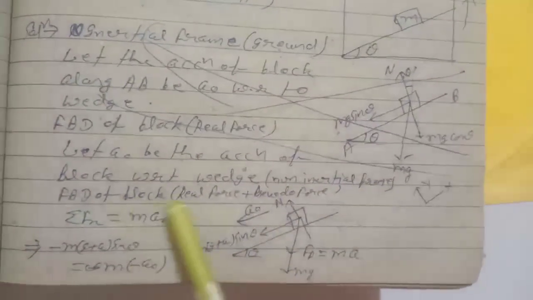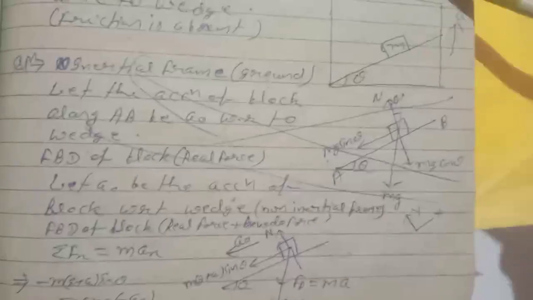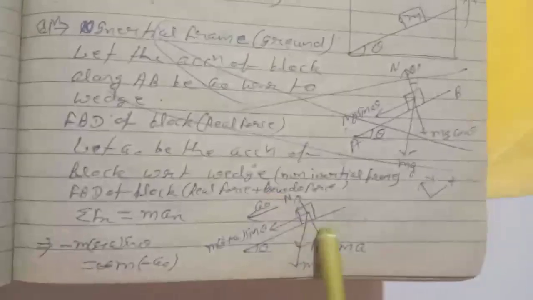then FBD of block will be real force plus pseudo force, because the frame acceleration is in this direction, so pseudo force will be in this direction. So it is shown here.